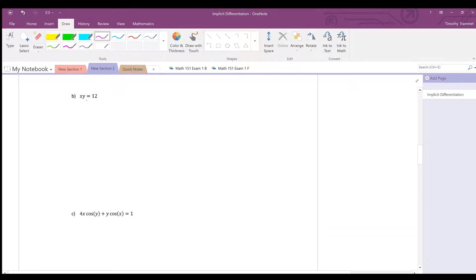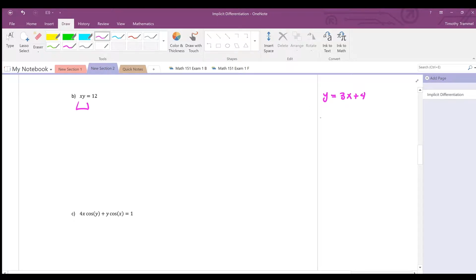On to part C. And this one here is a little bit more complicated than it looks like. Okay, and the reason for that is this x times y here is actually a product of functions with x's. Okay, remember, y might be equal to, say, 3x plus 4.